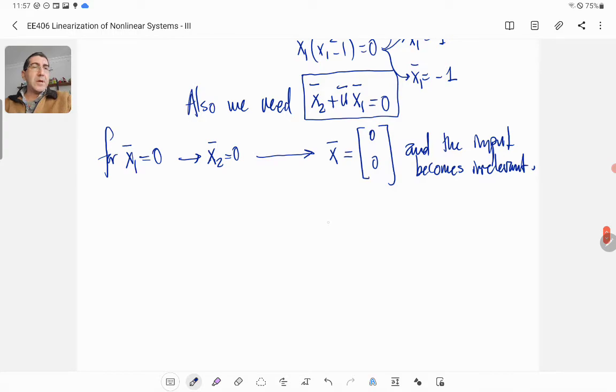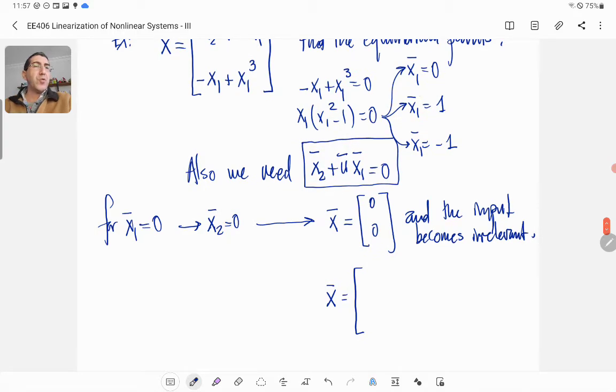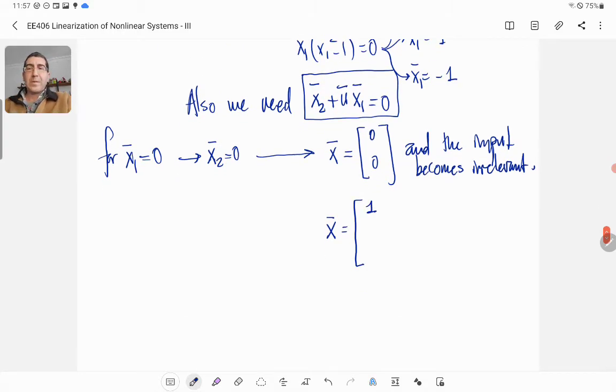But for other x1s, for example if x1 bar is equal to 1, now we have an x2 bar, and this becomes a function of the input. So we have u bar equal to minus x2 bar, with any x2 bar.